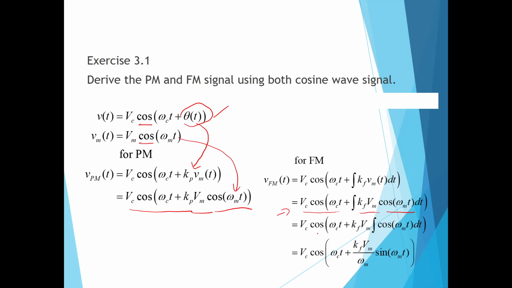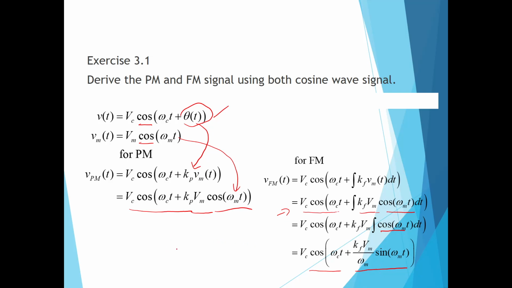This becomes the integral of cos, and you will get a positive sine. So Vc cos omega_c t plus Kf Vm over omega_m sine omega_m t.